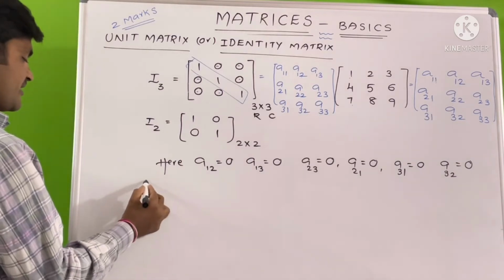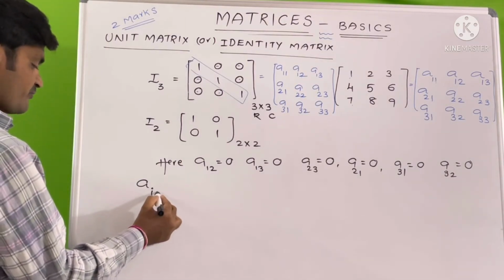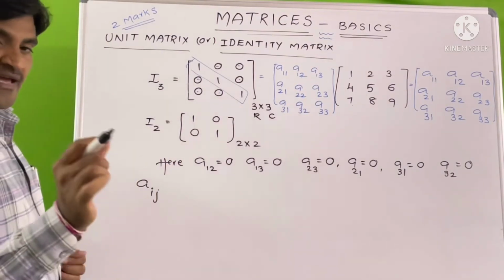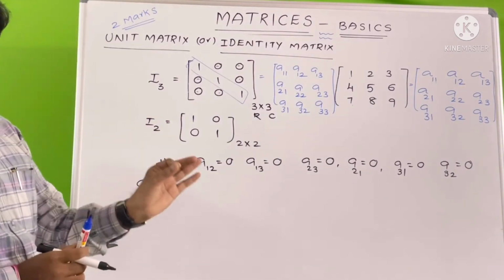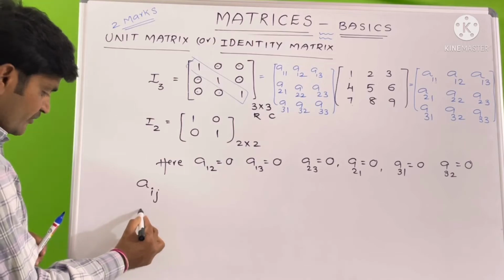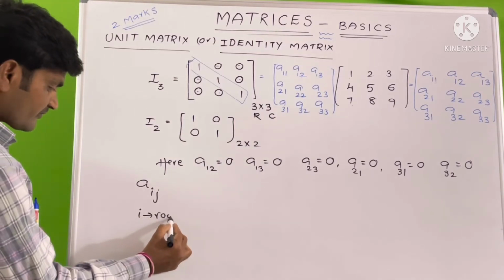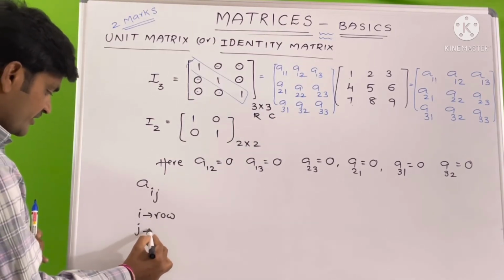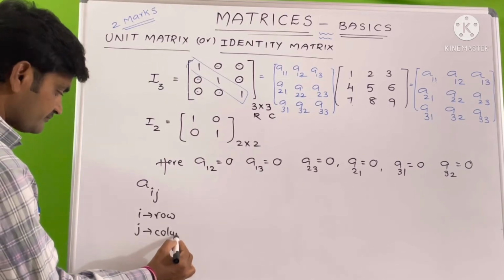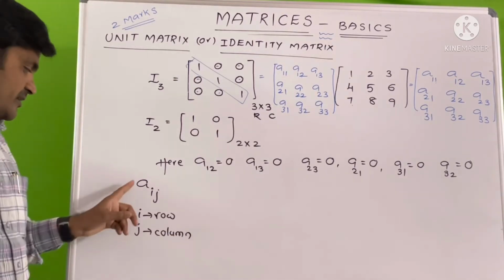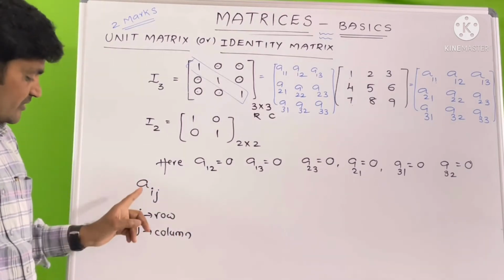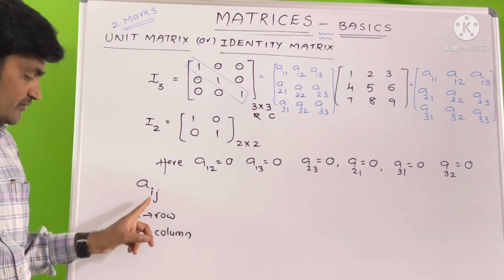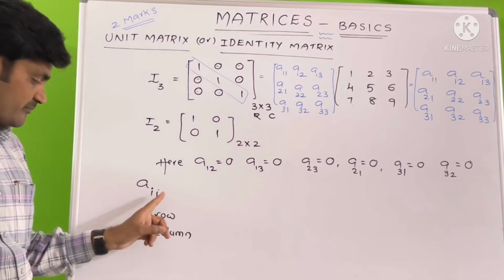Here Aij is the element symbol. i denotes the row and j denotes the column. Aij is any of the elements. i represents the row, j represents the column.